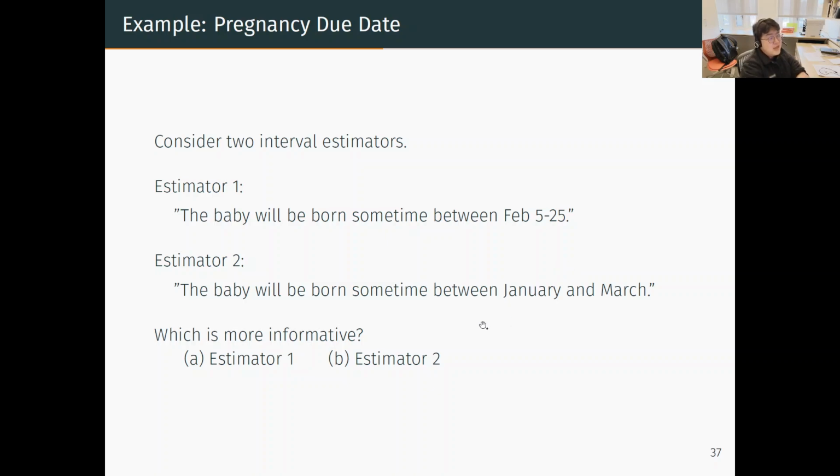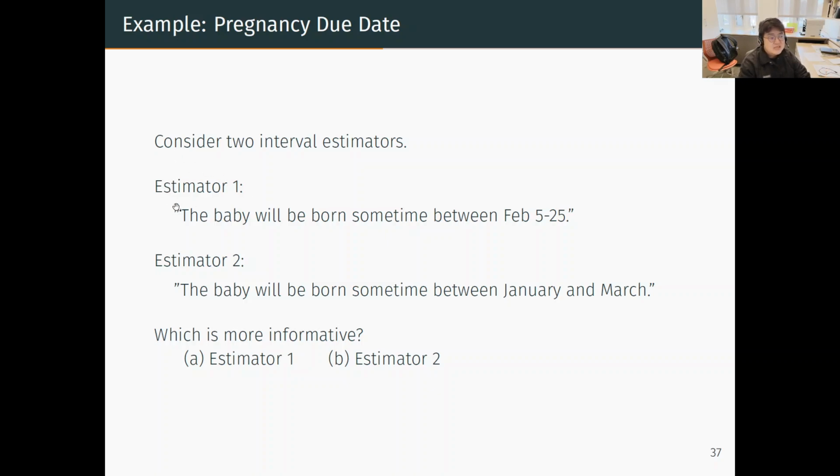Then the next question is how to choose those two limits. To think about that, let's first go back to the pregnancy due date example, estimating the due date. Suppose there are two doctors, or two different medical studies, different methods.